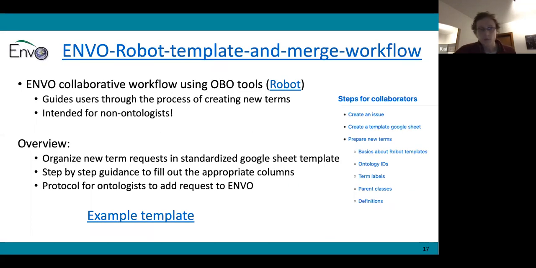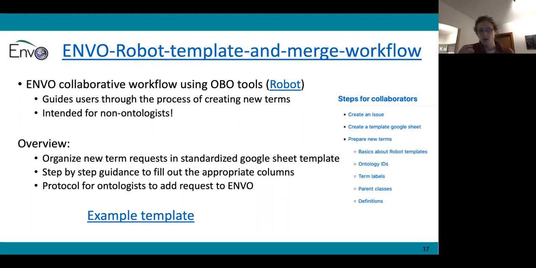There are some examples of workflows. Within ENVO, we created this template and merge workflow. We have a group working system where we pioneered this in the ESIP semantic harmonization cluster, where we would have a big CSV or TSV file where people are adding their vocabularies into the ontology, and we can go through it together and make sure that the appropriate columns in the template are filled out, and then in the end, the whole thing gets compiled down into the ontology code.